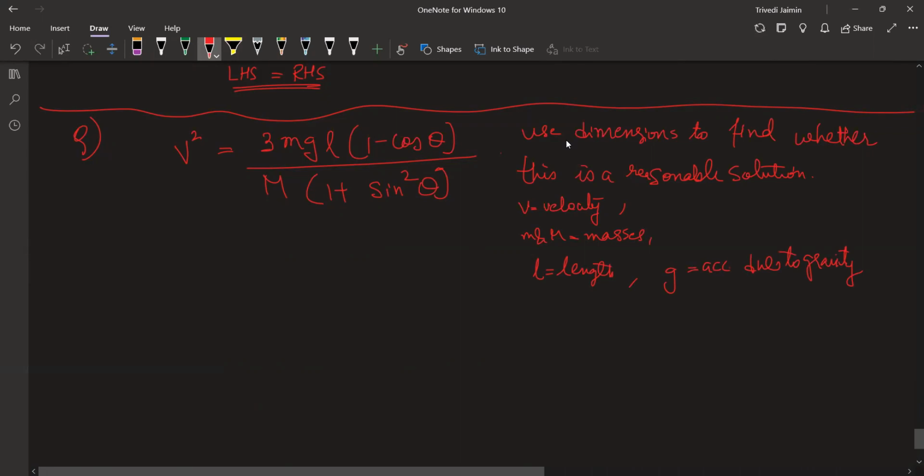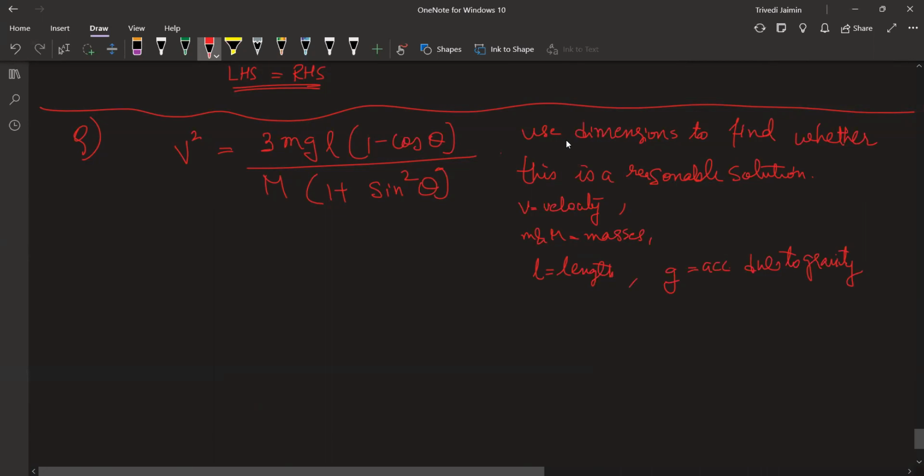Okay, let's start with Aditi. First name starts with A, right? So Aditi, what will be the dimension for acceleration due to gravity? Velocity by time. So dimension L1 T minus 2.